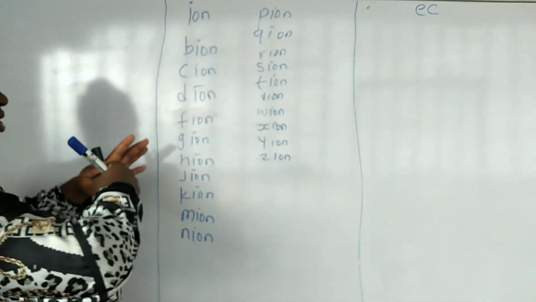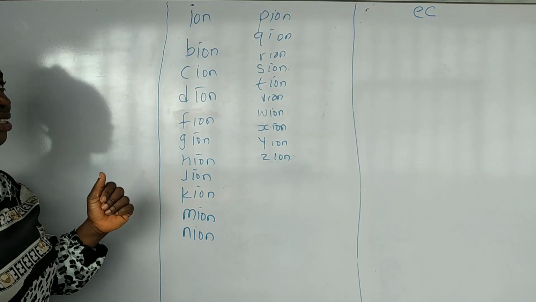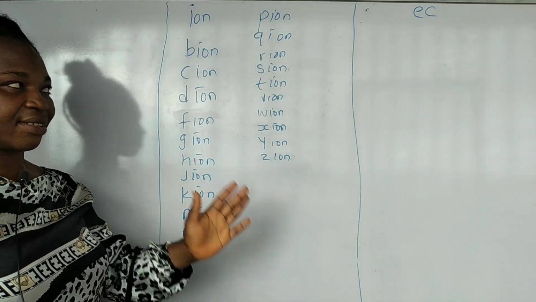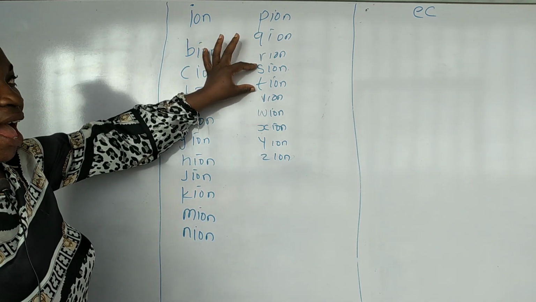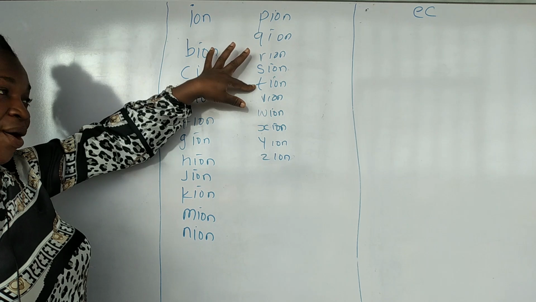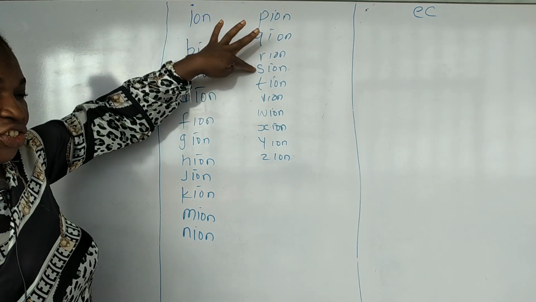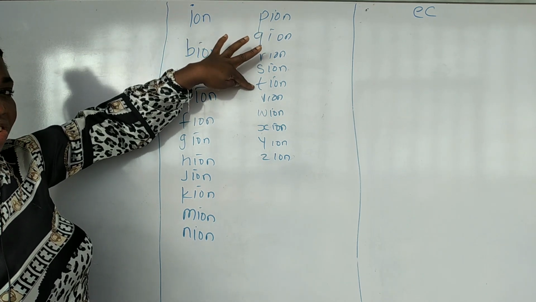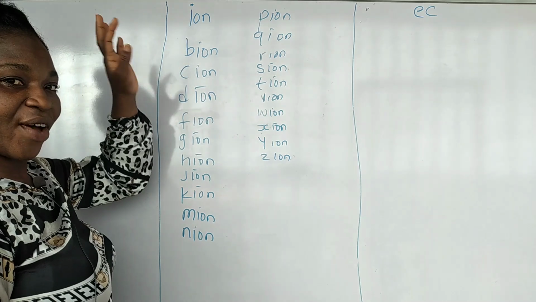Now looking at these sounds, some of these sounds sound the same like I just mentioned here. I have Xion, and this is equally pronounced as Xion, okay? We pronounce this as Xion, and this is as Xion as well. So let's go over it one more time.